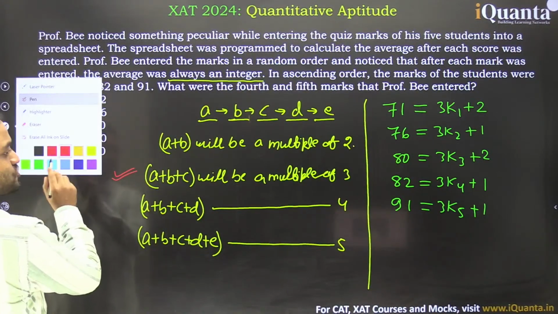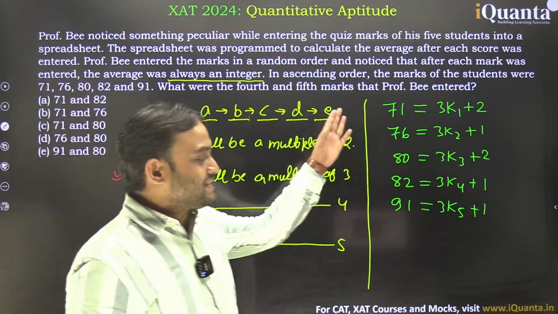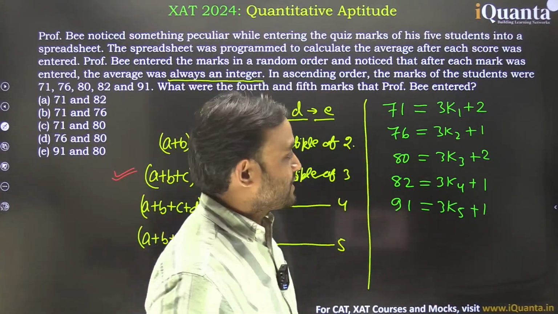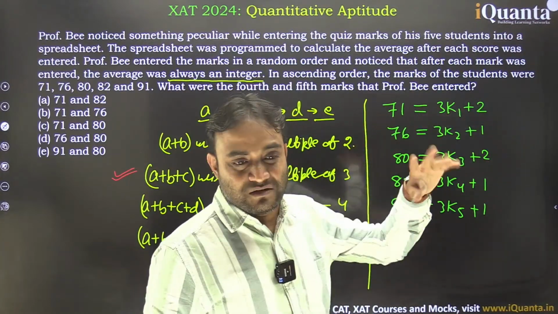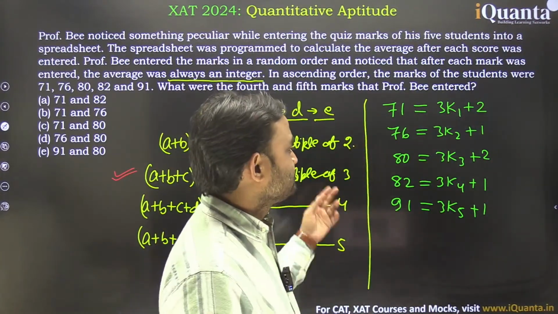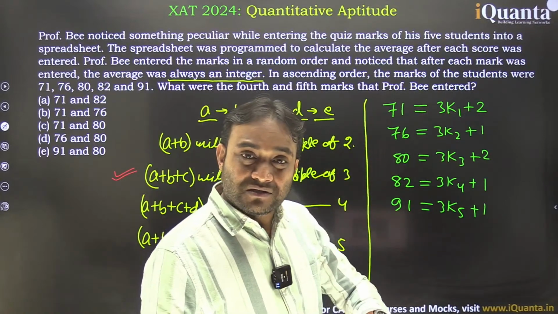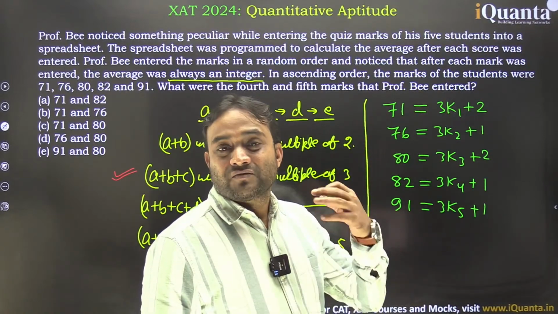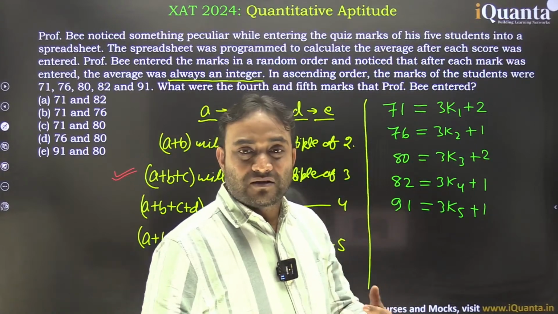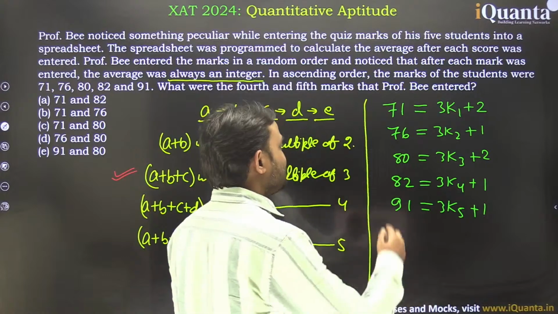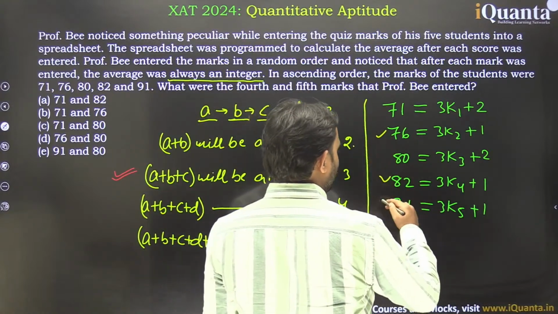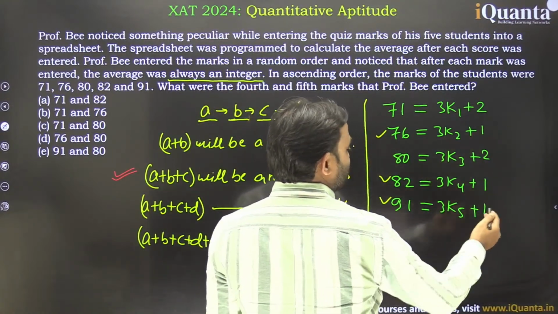What value should we take for A plus B plus C here so that the number is a multiple of 3? If you take 71, it will give us 3k plus 2. The next 2 numbers should then have a remainder sum of 4 or 1, and it's not possible to take that. So only these 3 numbers, if you take them, you will get 1 plus 1 plus 1.